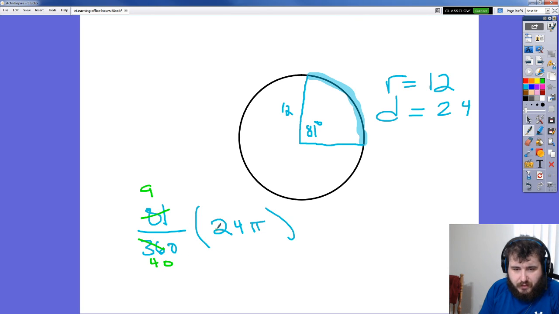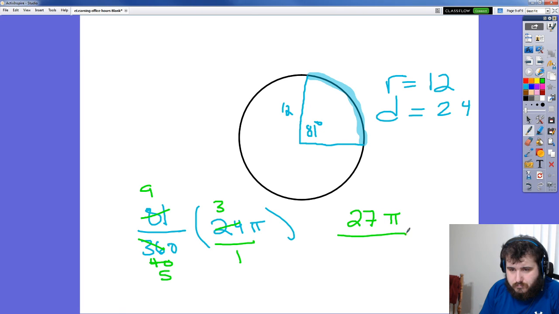I know that there's an 8 here on top, an 8 here on bottom. Now I can do my multiplication. 9 times 3 is 27 over 5. This is in simplest fraction form.